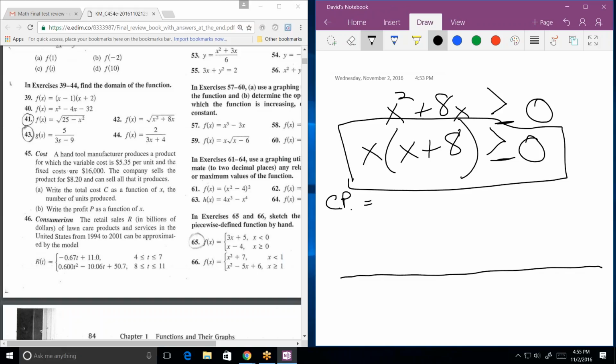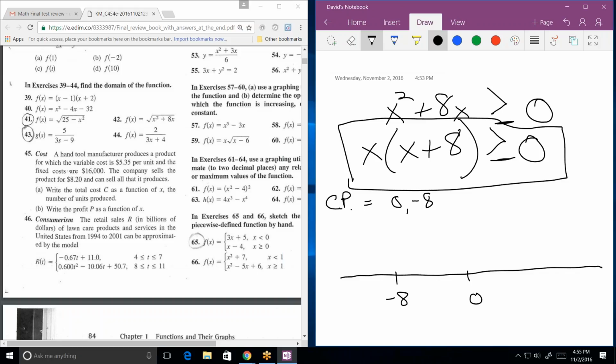So what are my two critical points? Would it be 0 and negative 8? Now, we mark those on the line chart, and we take any number to the left of minus 8. Pick one.